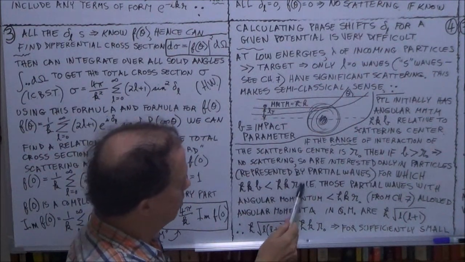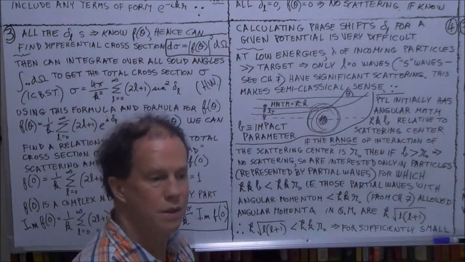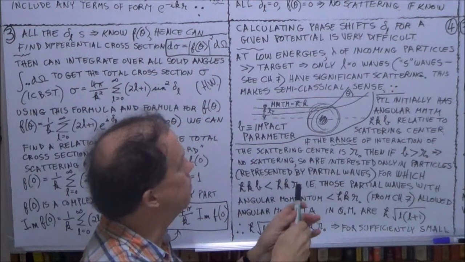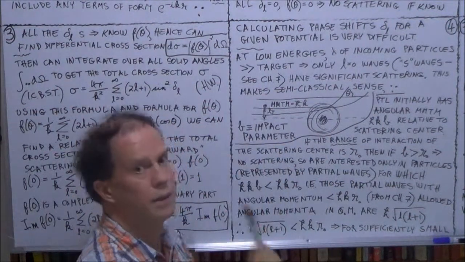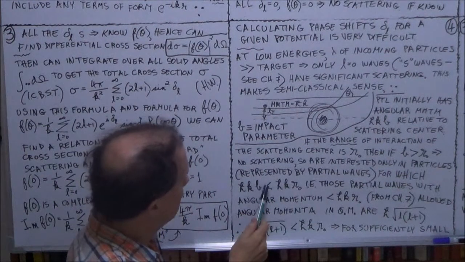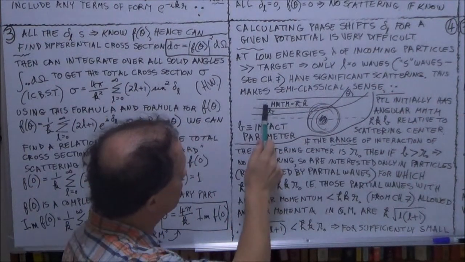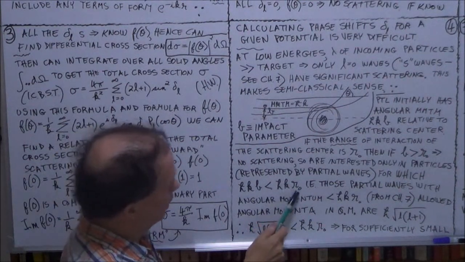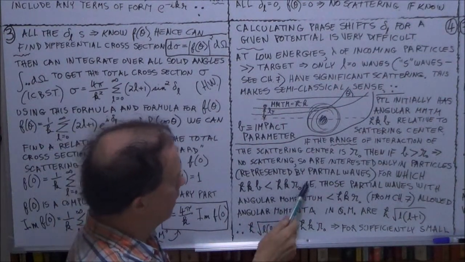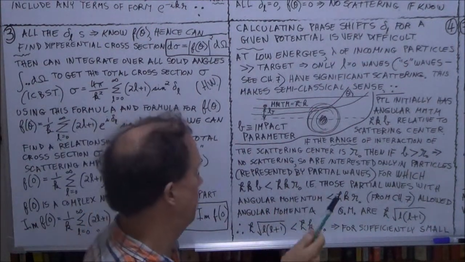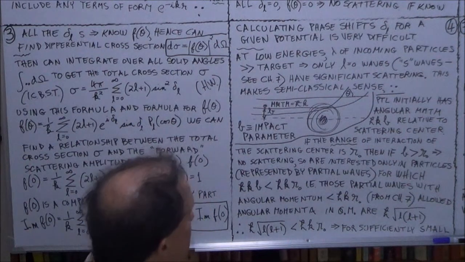Remember this r0, that's the distance beyond which the interaction between the target and this incoming particle is 0. Right? So we're interested in when the angular momentum of this incoming particle is less than h bar k r0. Right? That's like the cutoff angular momentum, if you like.